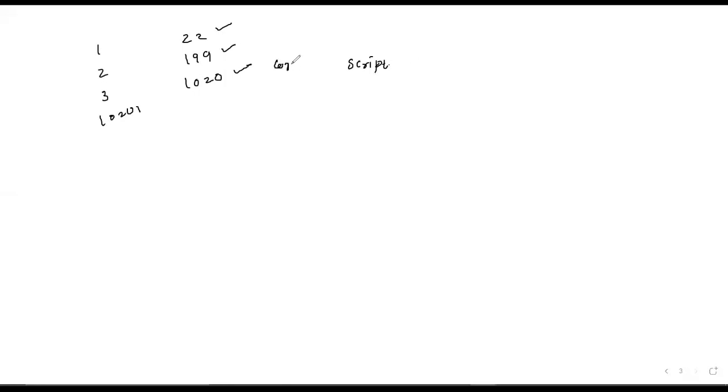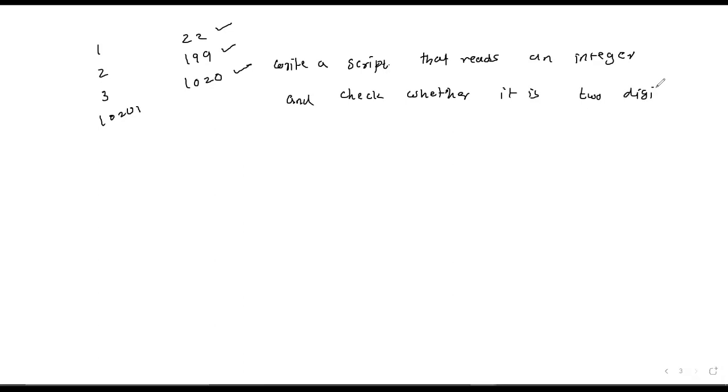So we write a script that reads an integer, and in order to read we have to use the read command, and check whether it is a two digit number.